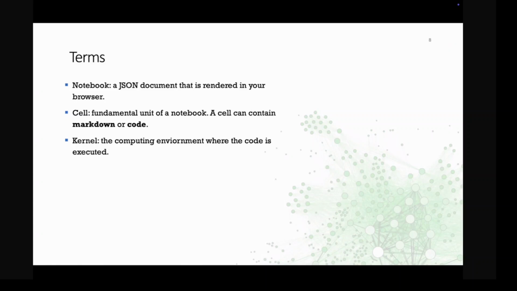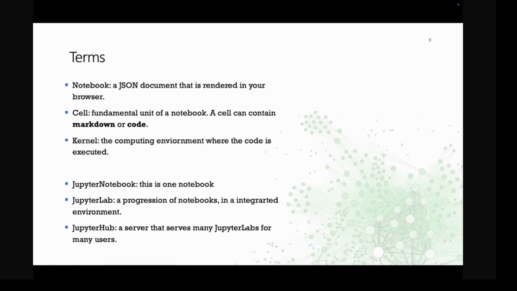A code cell is a cell where you can put executable code. For example, you can put R code, Python code, Julia code, any other code. And then we have a kernel that's running in the background, and the kernel takes the code from your code cells and executes that code.